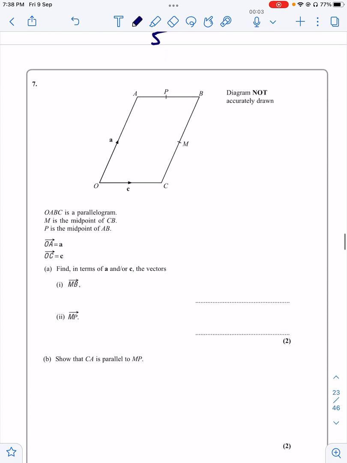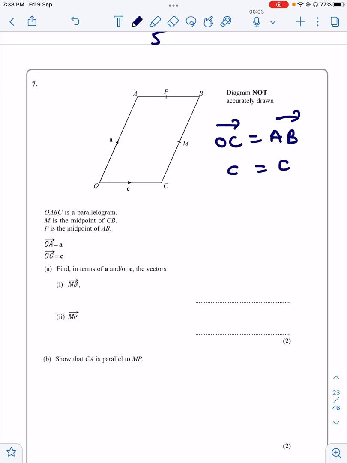Look at one more example which is in the form of a parallelogram. They have given us a parallelogram. Now in vectors we have a parallelogram law. If OC is parallel to AB, then OC is also equal to AB. Remember. So if OC is c, then AB is also c. Next, OA is a.